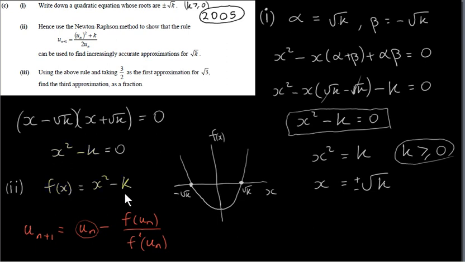If we put f of x, which is x squared minus k equal to 0, these u n's are successive approximations. Now, I actually used the letter x n in the previous video for u n, and this would have been x n plus 1. But since the letter u is used in this question, I'm going to change x n to u n and x n plus 1 to u n plus 1.